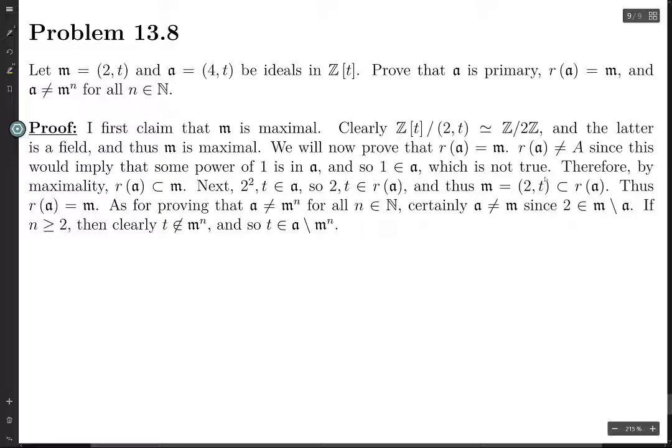That cannot be true, since a is not equal to all of Z adjoin t. So the radical of a is a proper ideal, and since m is a maximal ideal, the radical of a must be contained in m.